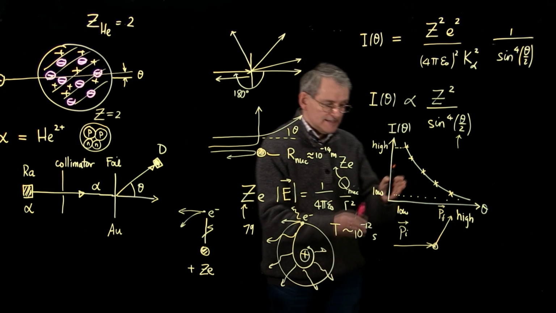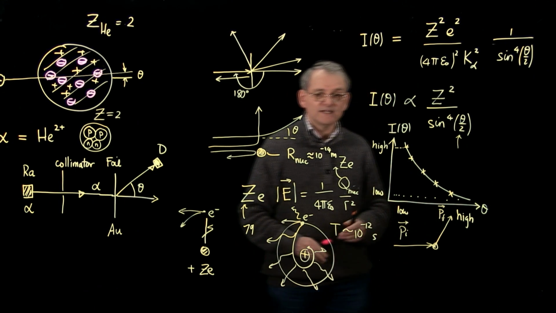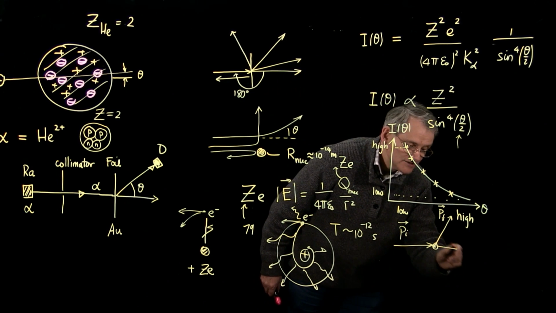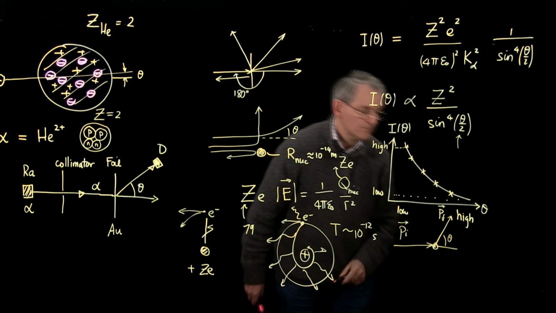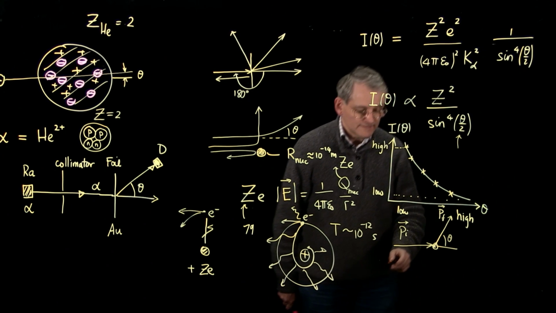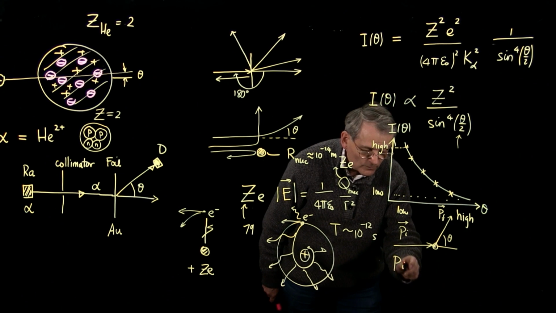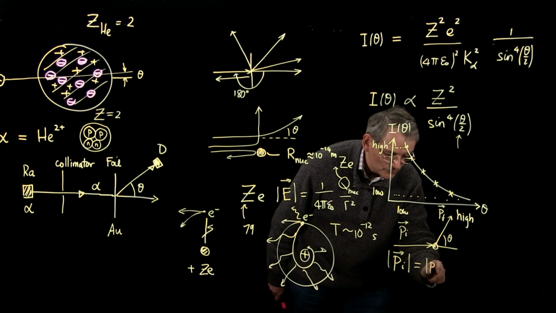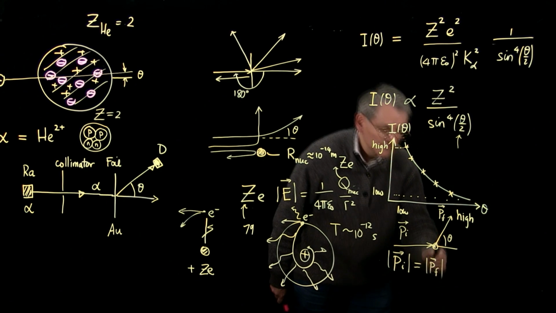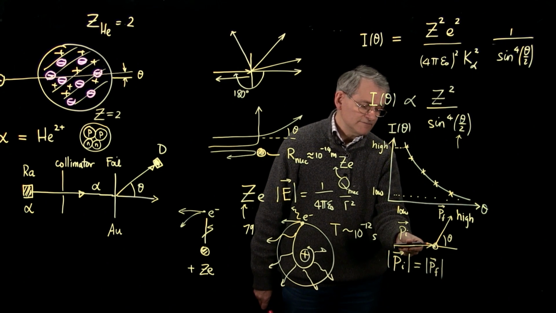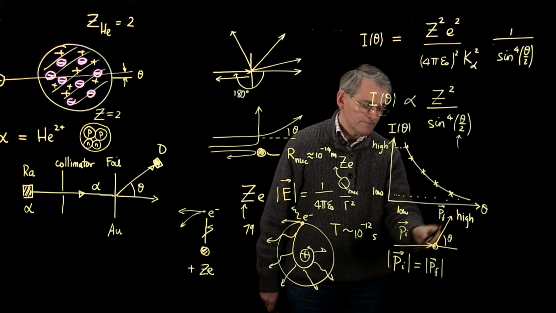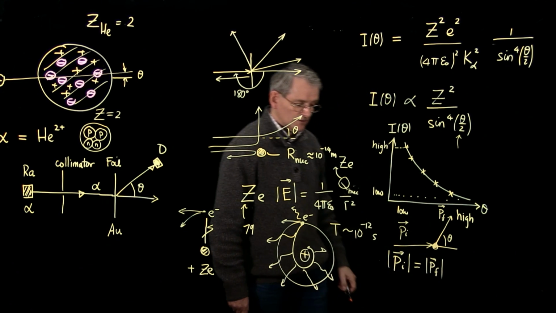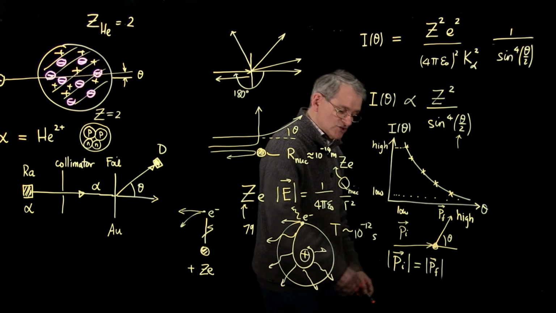Now, the momentum vectors change, the directions change, but the magnitudes are unchanged. And so I can write that the magnitude of the incident momentum is the same as the magnitude of the final momentum. Clearly, the momentum vectors have changed direction because they've interacted with the positive nucleus, but the magnitudes are unchanged.